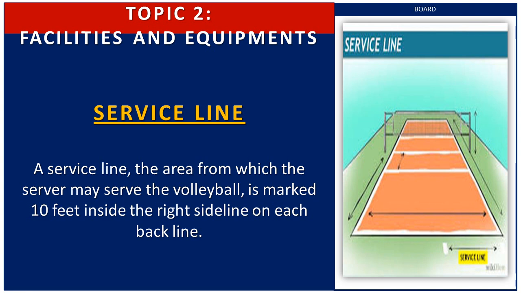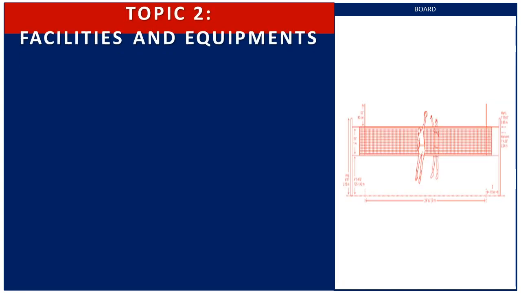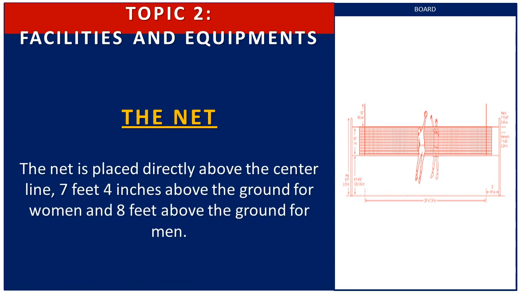It is also marked 10 feet inside the right sideline on each back line. Next is the net. The net is placed directly above the center line. It is 7 feet 4 inches above the ground for women and 8 feet above the ground for men.